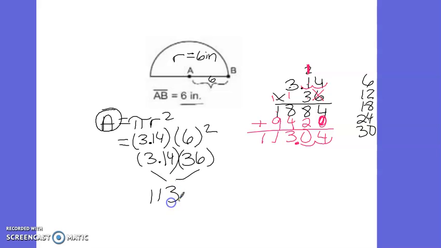Since this is a semicircle, we don't need the whole circle. We only need half of it. Remember, to take half, we divide by 2. That is what you need to do right now. 113.04 divided by 2.